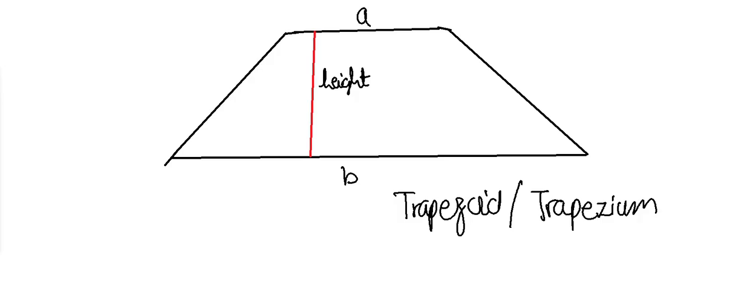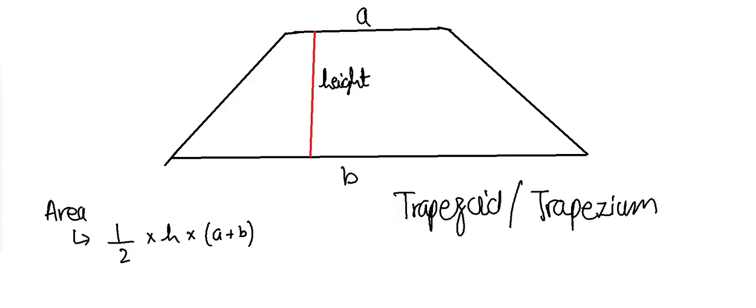If we want to know the formula for the area of a trapezium, it is 1 over 2, as we know, it's like a piece of a triangle. There are two ways of writing the formula of a trapezium. The general one is 1 over 2 multiplied by height multiplied by (a plus b).